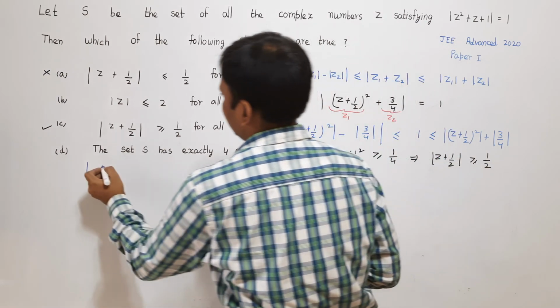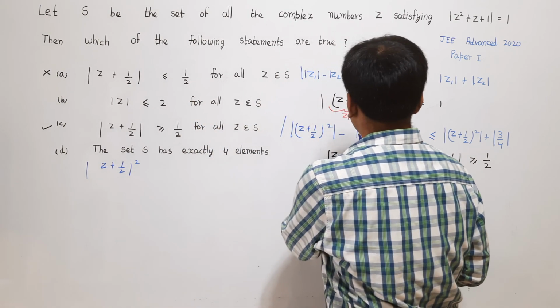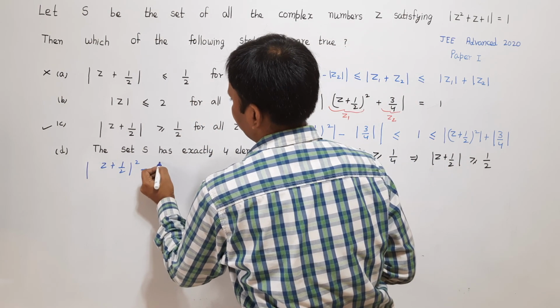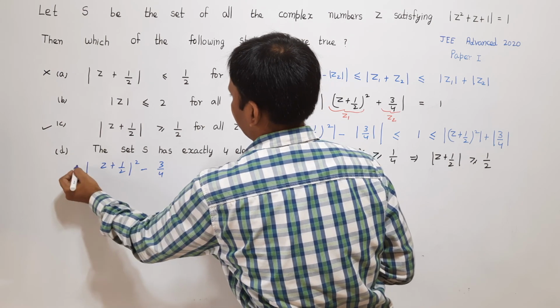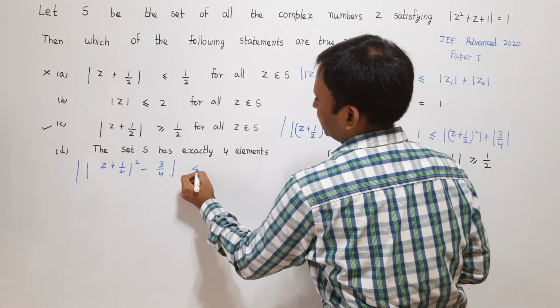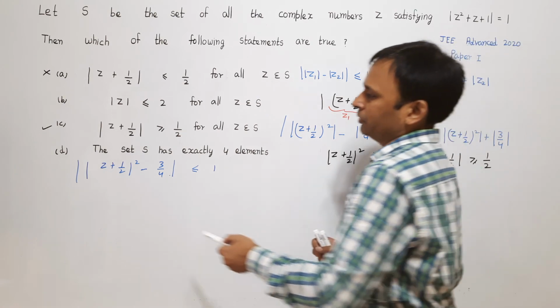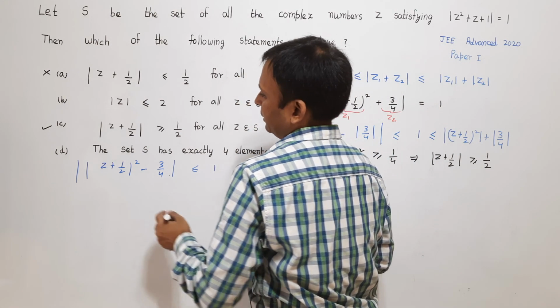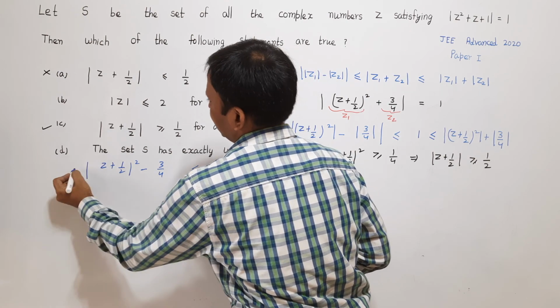So this will be mod of (z plus 1 by 2) whole square, minus mod of 3 by 4, which is nothing but 3 by 4 only, and mod of this whole value is less than or equal to 1. Now if I want to remove this mod sign, then this value should be between minus 1 and 1.